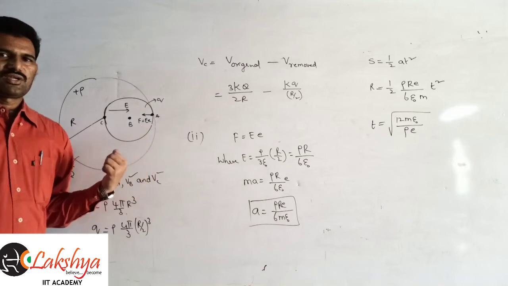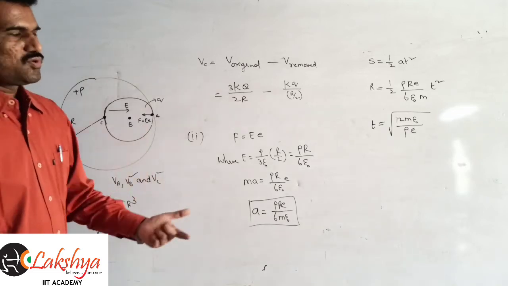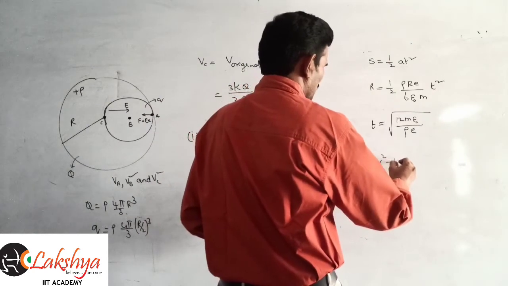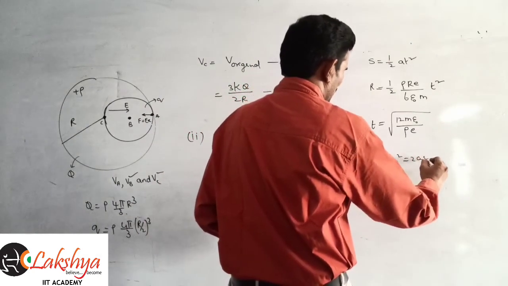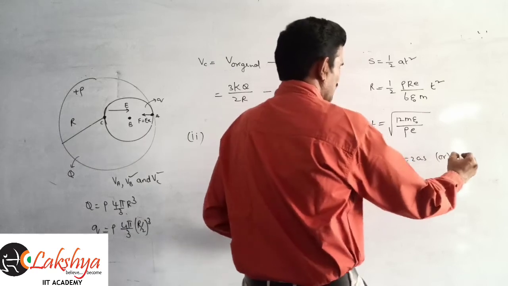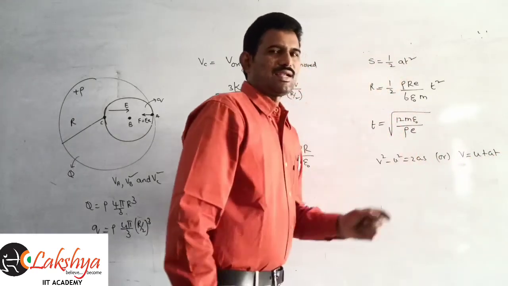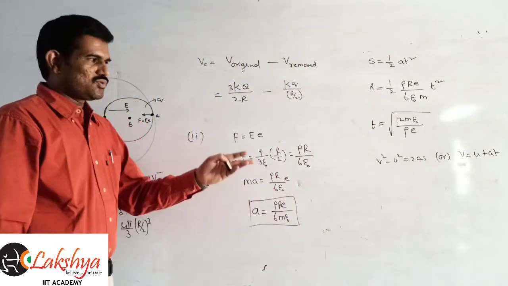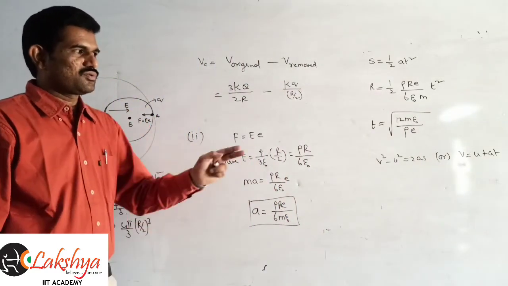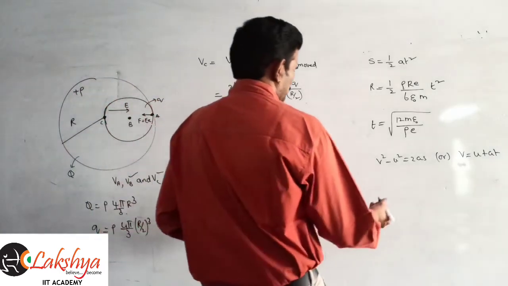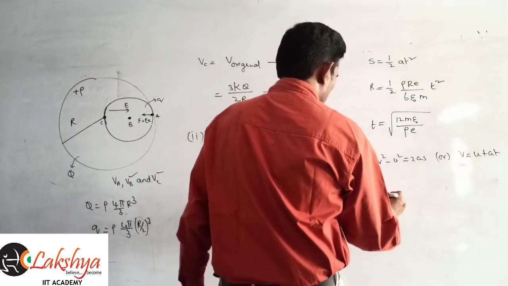And if you want to calculate the velocity, you can calculate it either by using v square minus u square equal to 2as, or you can also use v equal to u plus at, because we already calculated the t value. As we know the t value, I am using this equation here.